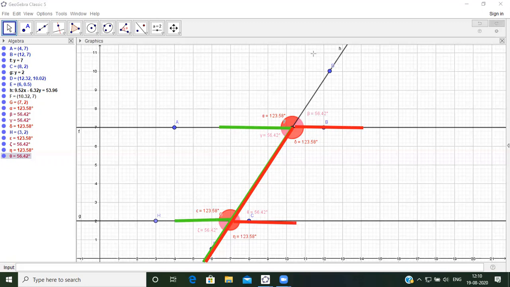Now I'll take another color and show you how we can easily remember corresponding angles. See, I'm drawing one more F from down to up. So here I formed one F. Now observe in between these two, the angle is 123.58 and here 123.58. So corresponding angles are equal.